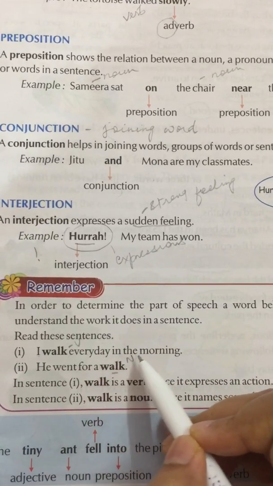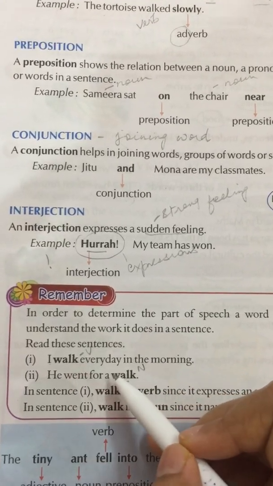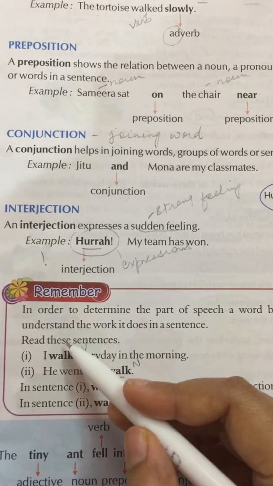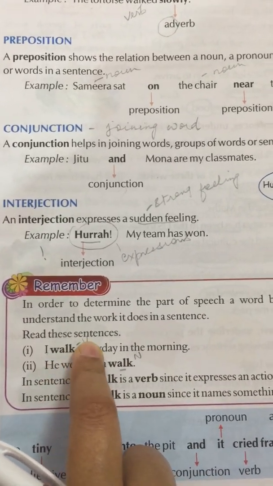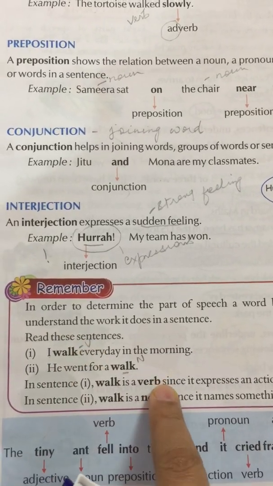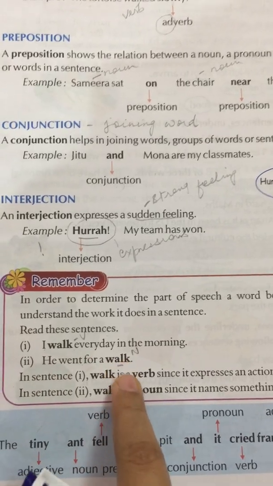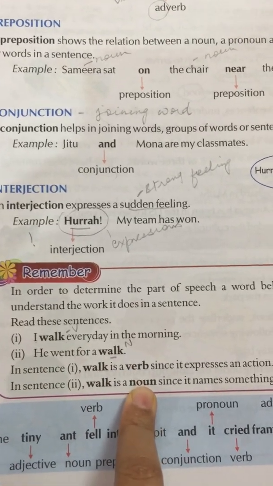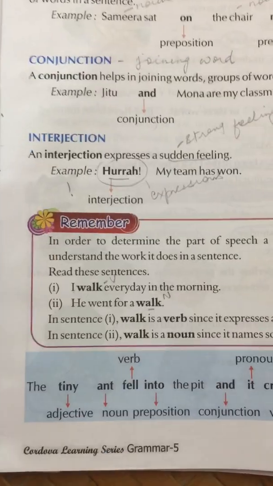I walk every day in the morning and he went for a walk. In both the sentences a common word is there, walk. But in the first sentence it was an action, and so it was functioning as a verb, while in the second sentence it was a noun. So this is what we should know. Okay. So let us move further.